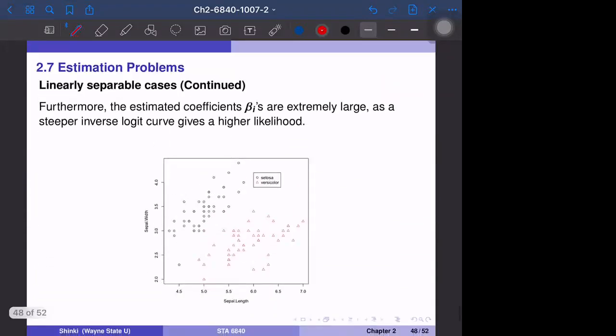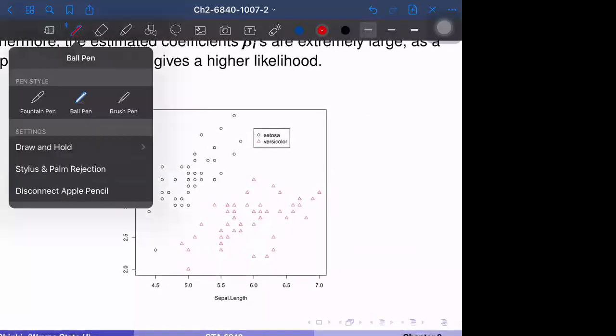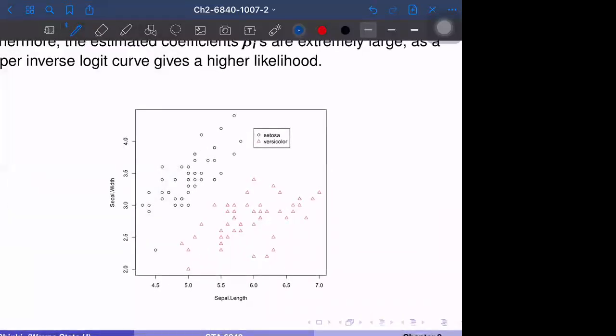And another problem happens. This is not only non-unique, but also the betas will be arbitrarily large. Suppose we have fixed one separation line, and logistic regression is basically fitting an inverse logit curve in this way.